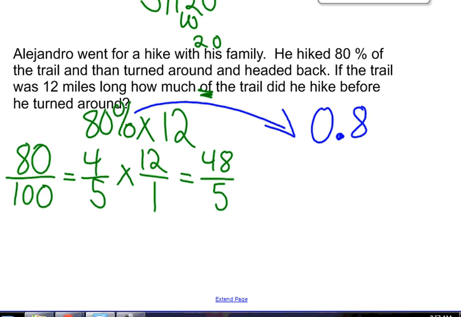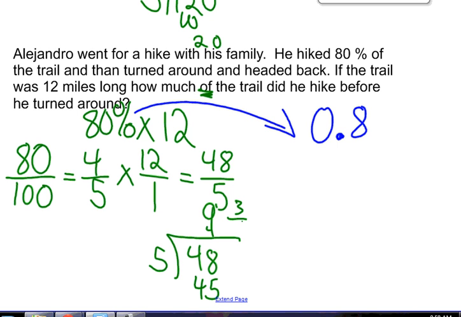We can definitely rewrite this and we can have a fractional remainder. 5 goes in 45 9 times. We're going to have 3 left over, so we're going to have 9 3/5.